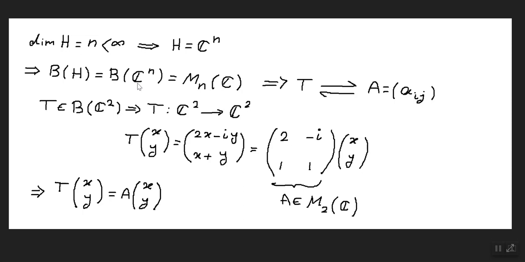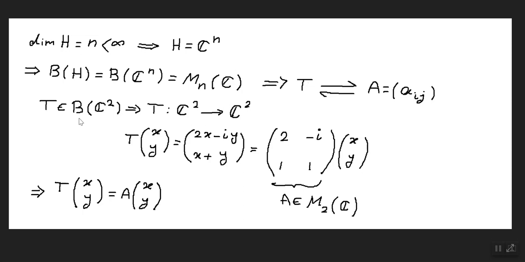This means every bounded linear operator on C^n corresponds to a square n by n matrix with complex entries, and every such matrix corresponds to a bounded linear operator. And remember, linear operators on finite dimensional spaces are automatically bounded. So every operator corresponds to a matrix, and every matrix gives you an operator.